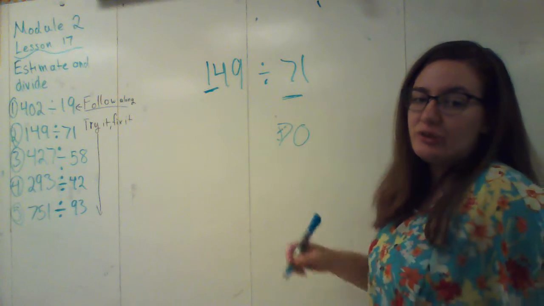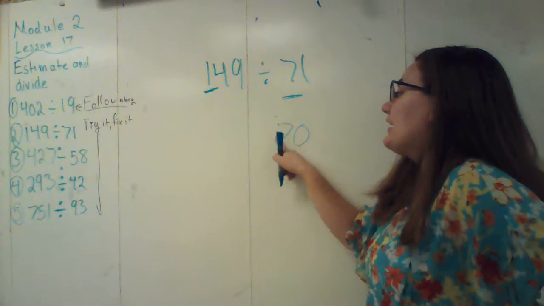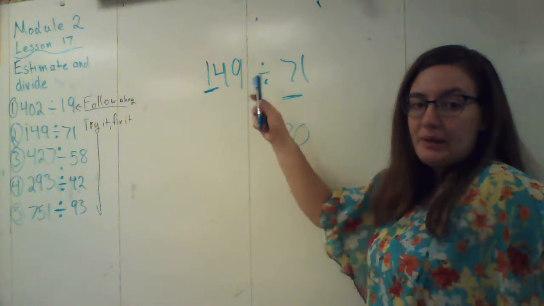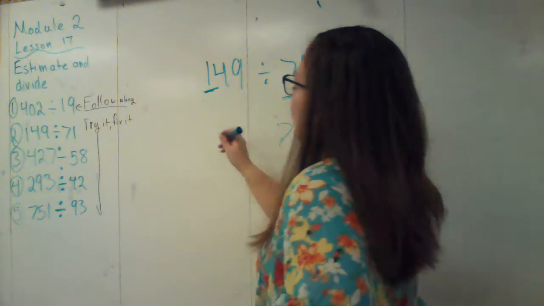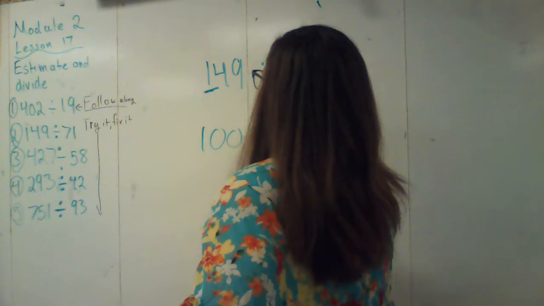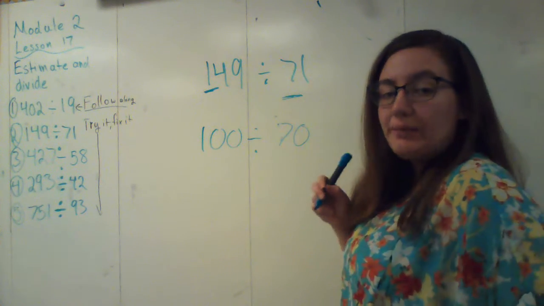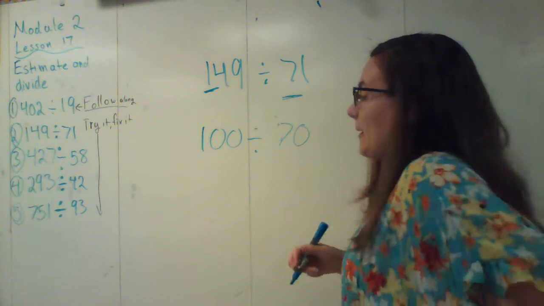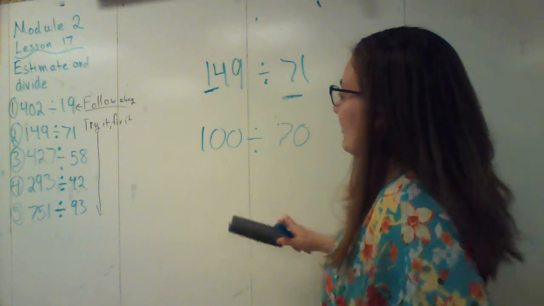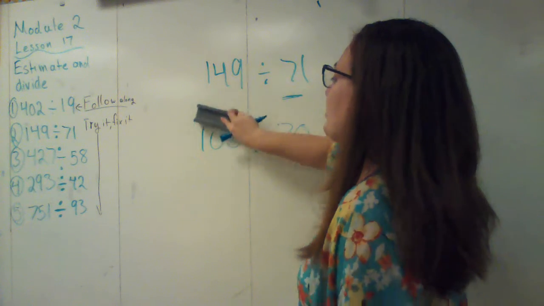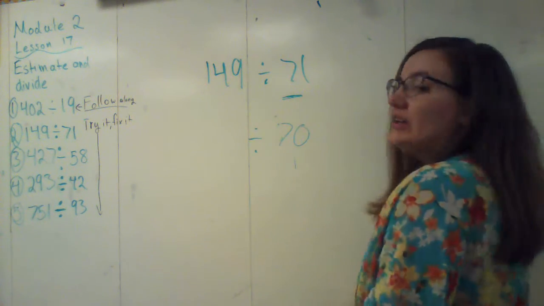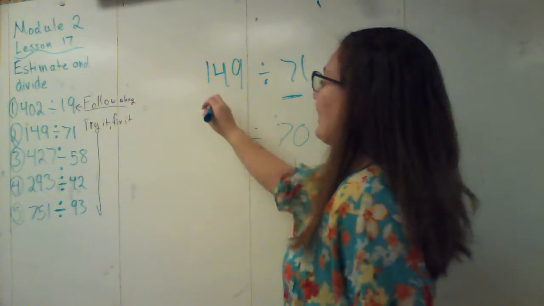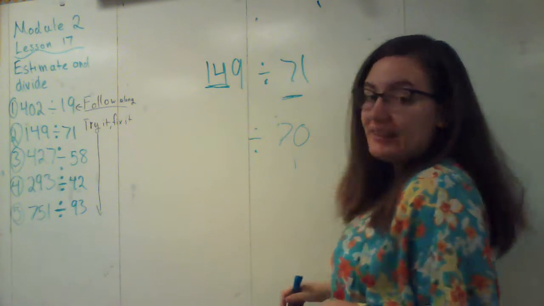So I know that will just round to 70. And I kind of ran into a problem right here. Because if this rounds to 100, 100 divided by 70 is not really a problem that I can easily solve. But if I choose to round this number to a different place value, then I can easily divide these numbers.